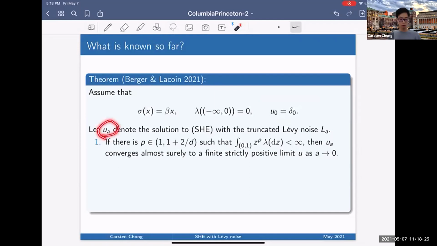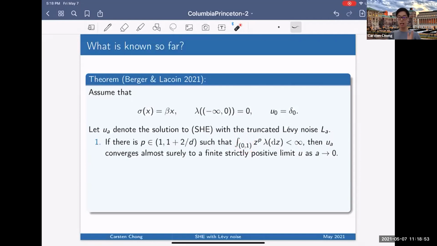Let U_A be the solution to the heat equation with the truncated noise L_A. So I remove all the atoms that are of modulus smaller than A. Only the ones larger than A are considered. Then what happens is the following. If you can find a p again in this range, such that the Lévy measure integrates z to the p, now here, important, we are only looking at (0,1).